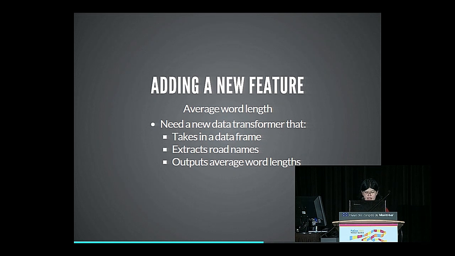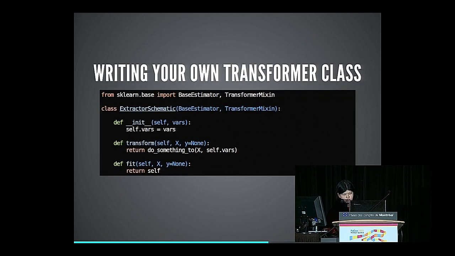So let's talk about how we can add a new feature to this pipeline, say the average word length feature. What we need to do is define a new data transformer that takes in a data frame, extracts out the row names, and outputs the average word length. Here's a schematic for how these transformer classes look. We're going to inherit from BaseEstimator and TransformerMixin.